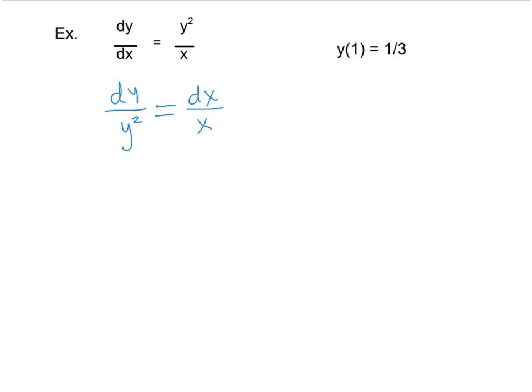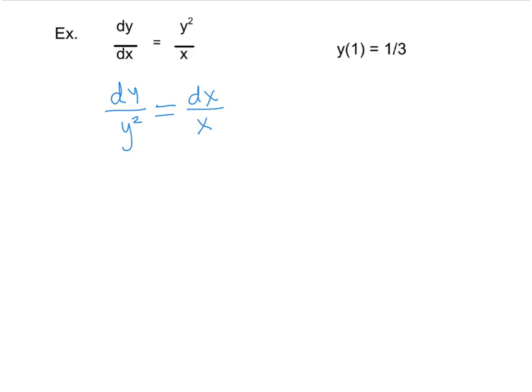Take a second to look at what I did there. You could also cross multiply, but I would rather divide both sides by y squared. Then the y squared cancels on this side, and I'm just going to multiply by dx.